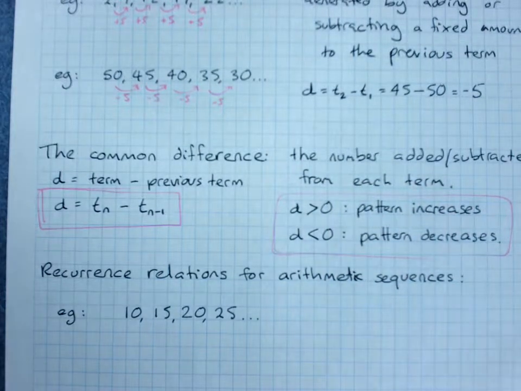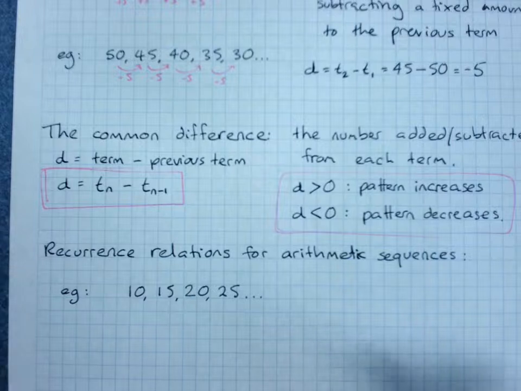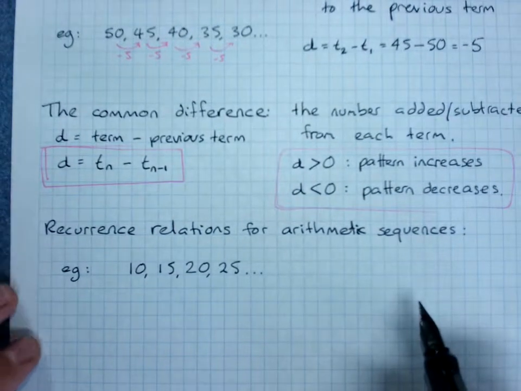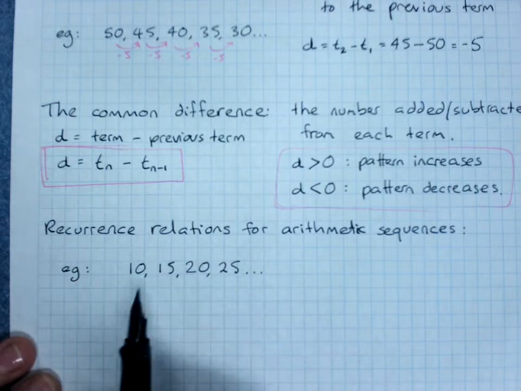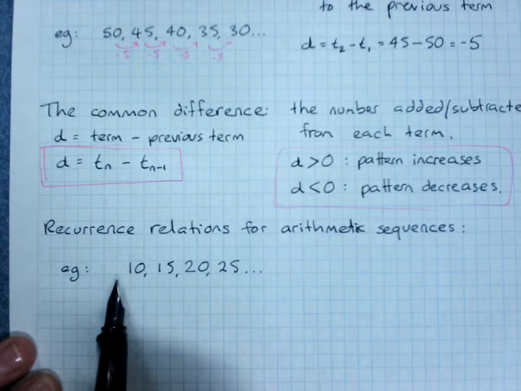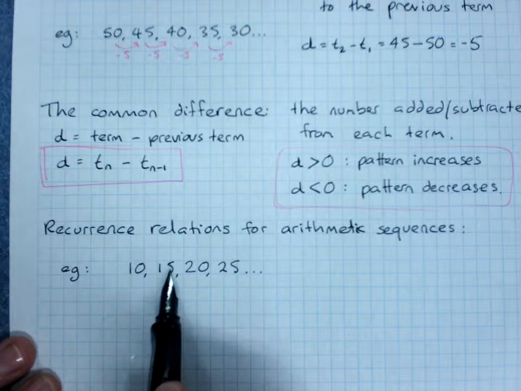Now, to write recurrence relationships for arithmetic sequences. So a recurrence relationship, you'll remember, is where we follow a rule to go from one term to the next.